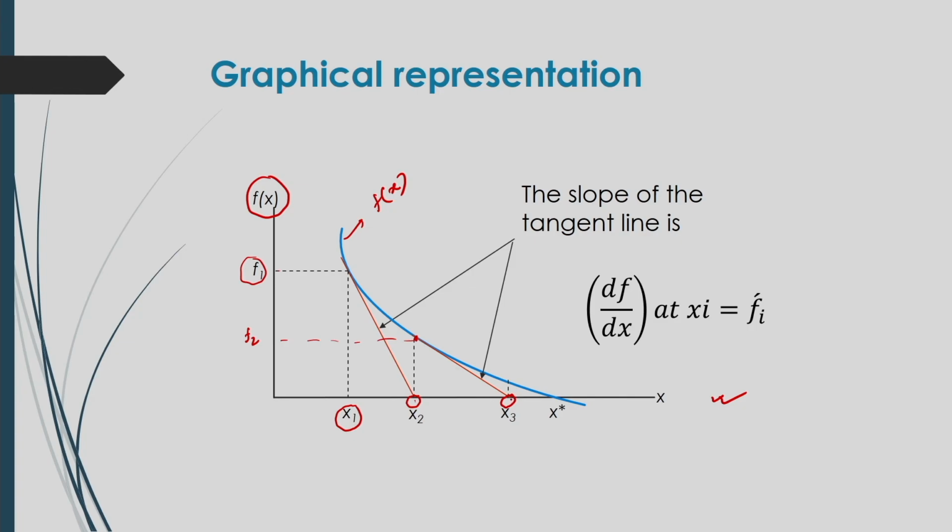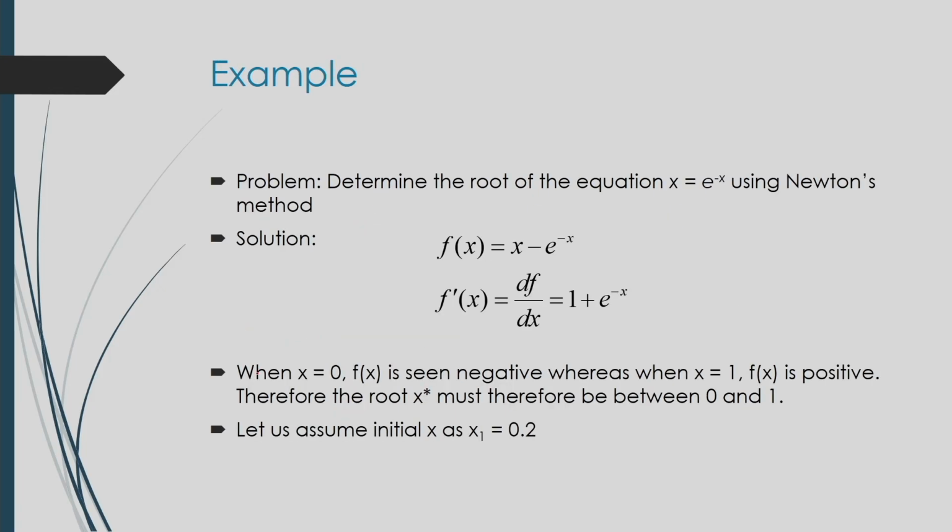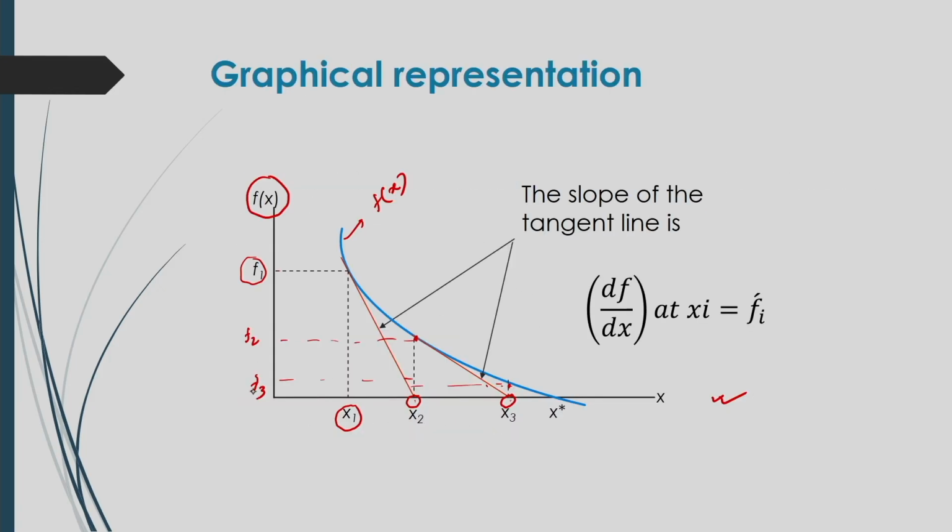Now at this x3 point, if you consider the value of the function here, and if it is represented by f3, then at this point f3, again if you make a tangent, you will see there will be an intersection at the x axis at x star, and at this point x star you will see that f of x will be almost equal to 0. That means f of x star will be equal to 0.